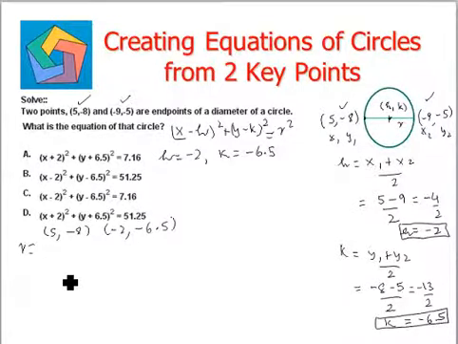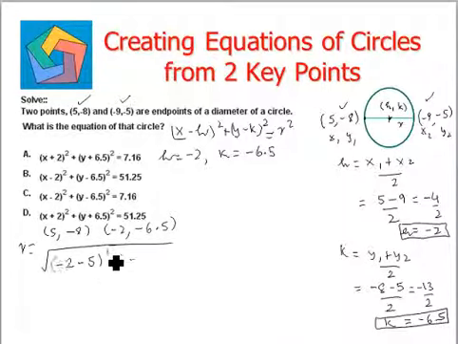So this is negative 2 minus 5 whole squared plus negative 6.5 minus negative 8 whole squared, like this.